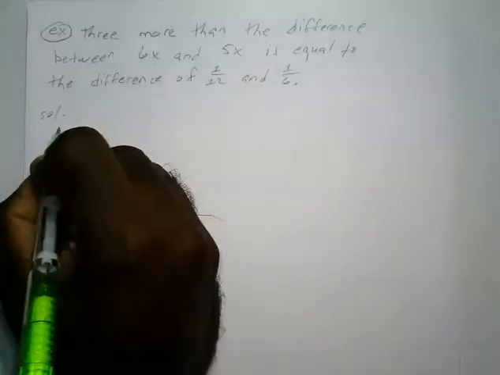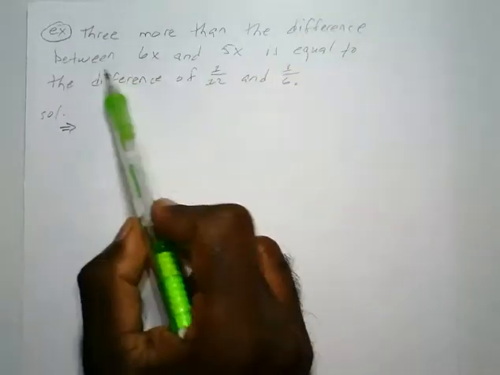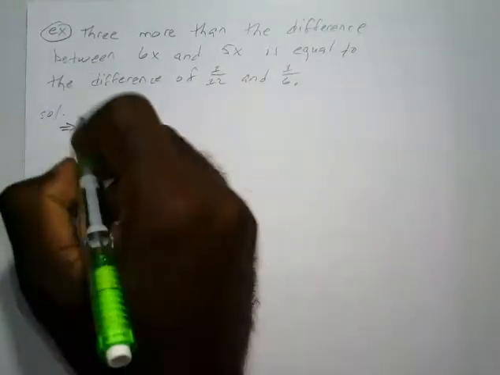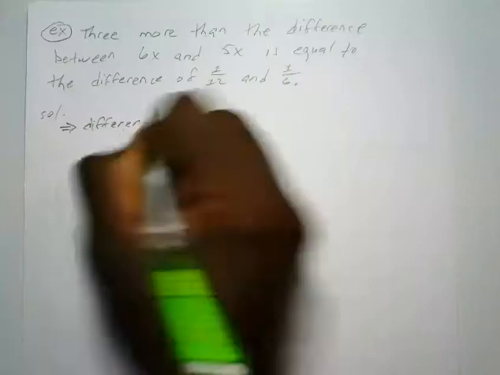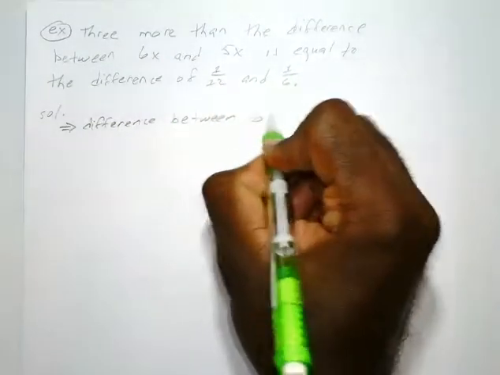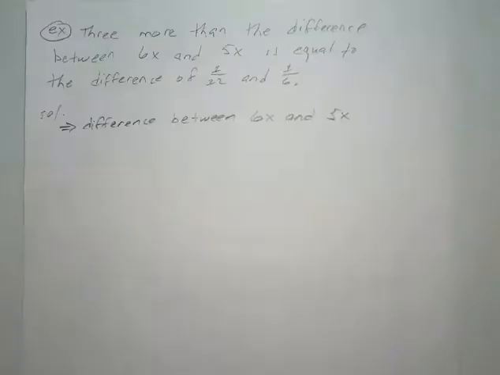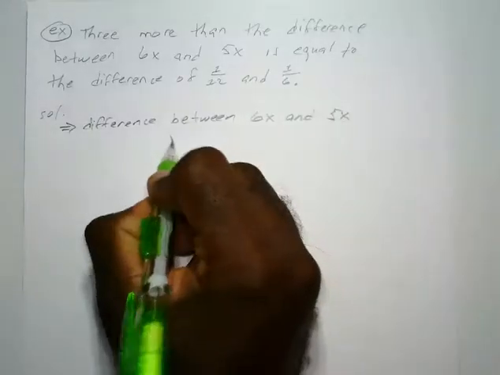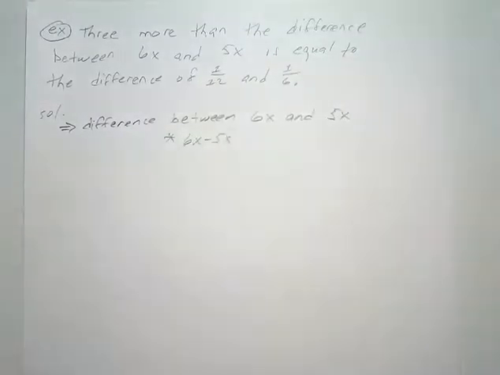If we start off just with the difference between 6x and 5x, we know that would be 6x minus 5x.